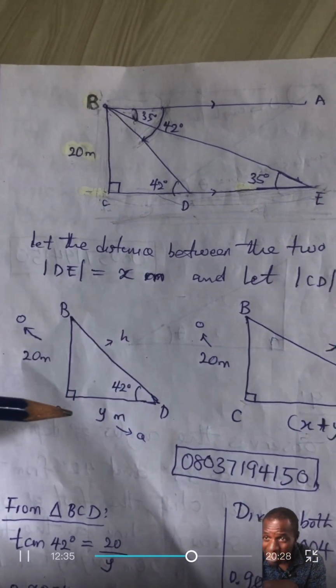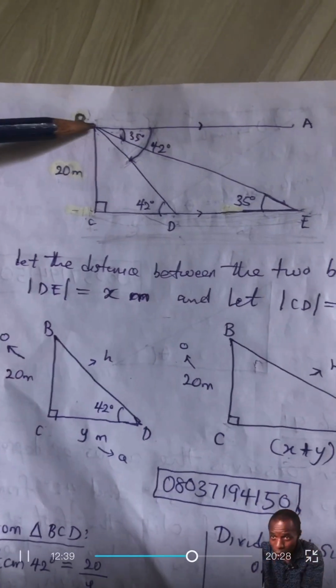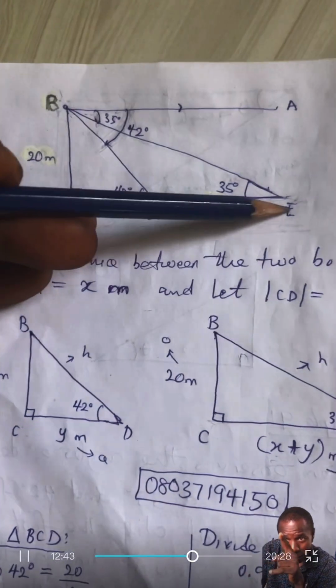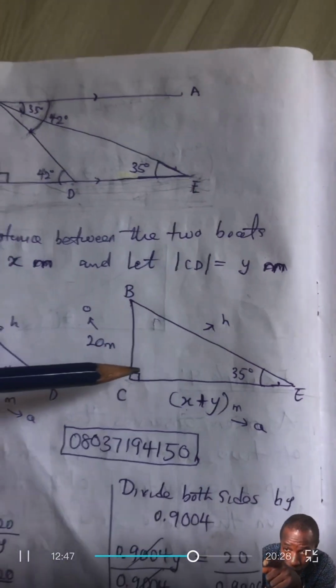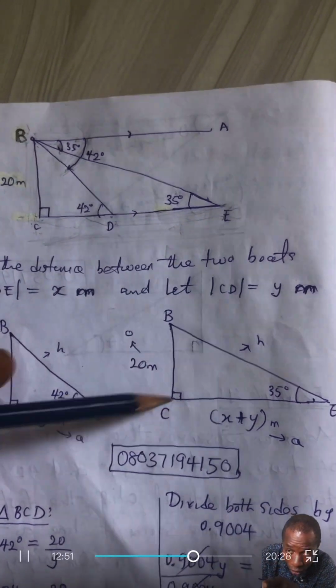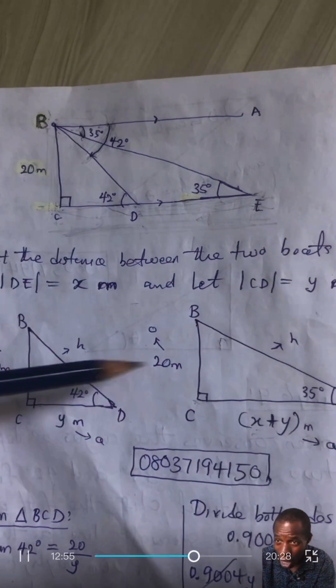The second one is the external triangle, the whole triangle, which is BCE. The angle 90 degrees is at C also. So we have C in the first triangle and C in the second triangle, which makes the two right angle triangles.